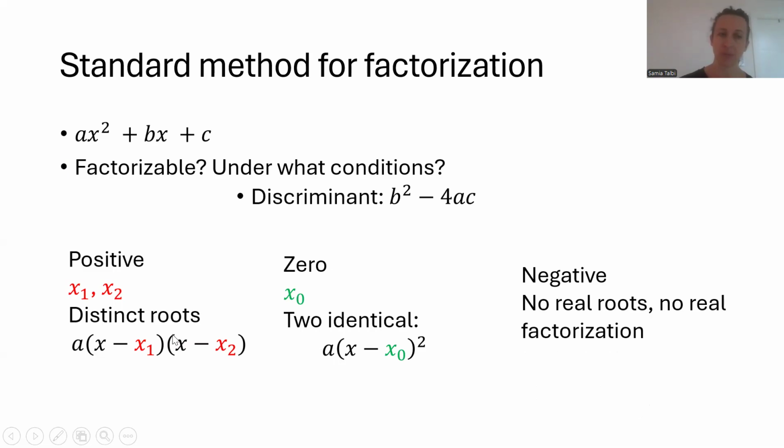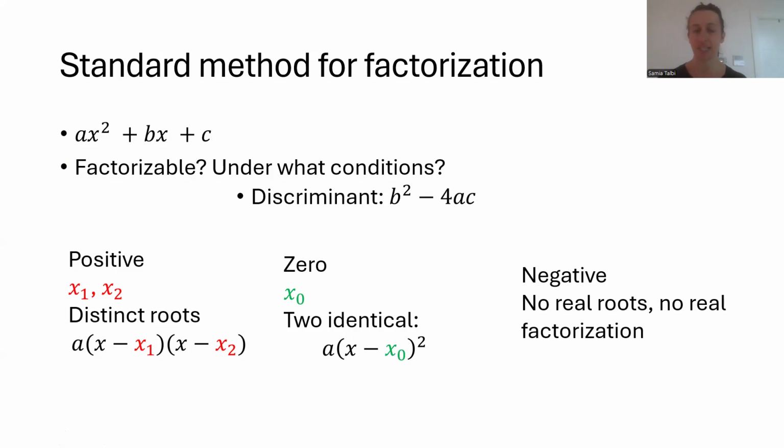Mind the a before that. Many times you do get a factor before, so just make sure you have it there. And then the last case just popped up here. When the discriminant is negative, factorization is possible in the complex set but not here in the current step of the curriculum.